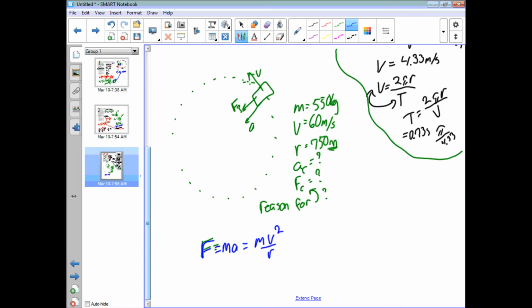Do I have the m and the v and the r? Yes. So that's going to be 550 kilograms times v squared, that's going to be 60 meters per second squared, divided by the r, which is 750 meters.